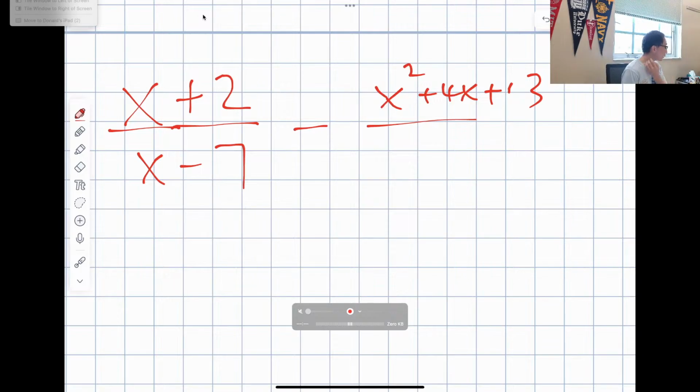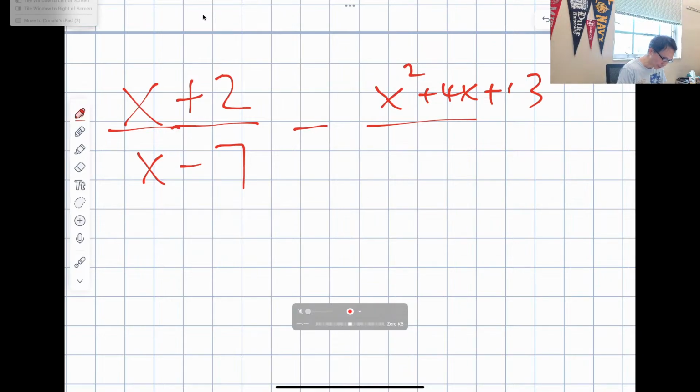So you cannot cancel, because you cannot cancel something that is added or subtracted to something. You might say it looks like it's multiplying, but look at it: the x plus 3 is times the x plus 2, but it's subtracting from other things, so they are stuck together. You cannot simplify anything. What you can do is distribute the top.